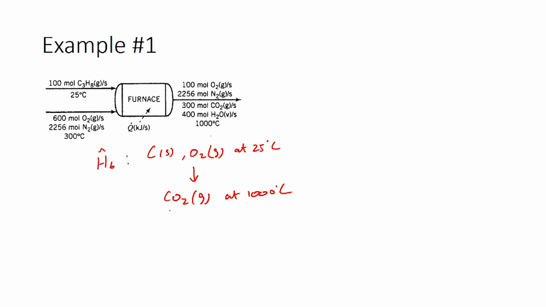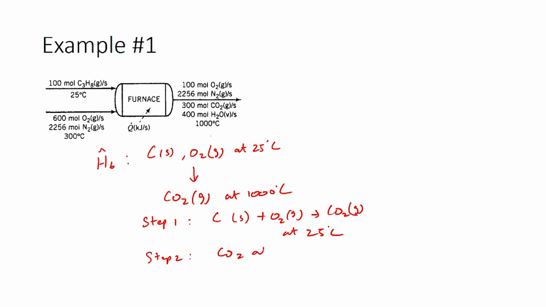So, this process actually has two steps. Step 1 is carbon solid plus oxygen gas forms carbon dioxide gas, where all are at 25 degrees Celsius. This is the first step. Step 2 is where CO2 at 25 degrees Celsius is heated to CO2 at 1000 degrees Celsius. The first step would be the heat of formation, obtained for the change in enthalpy.